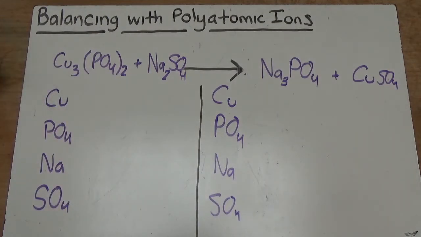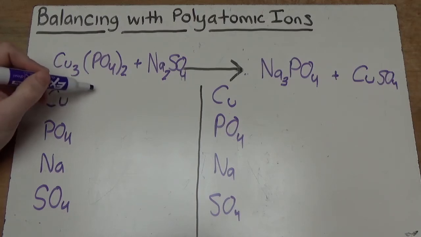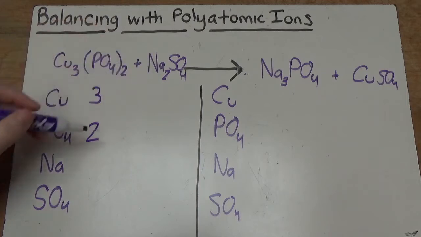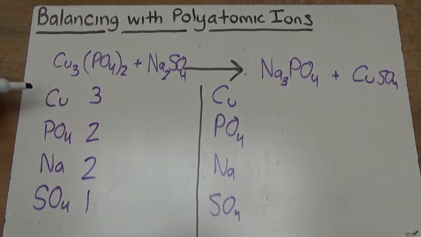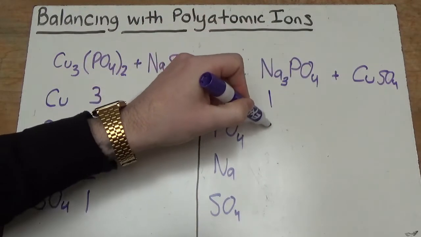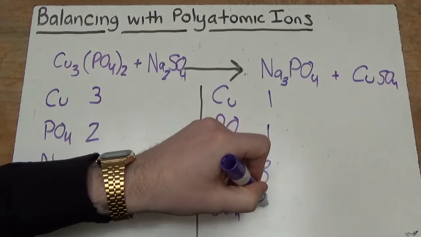Now we're going to solve this the same way we approach every problem. We're going to write down the number that we have. We have 3 coppers, 2 phosphates, 2 sodiums, and 1 sulfate. On this side, we have 1 copper, 1 phosphate, 3 sodiums, and 1 sulfate.